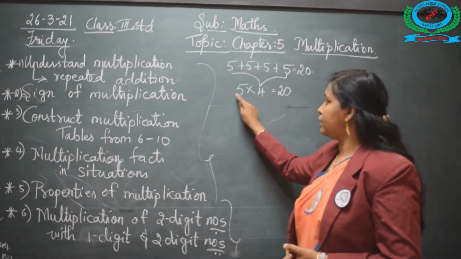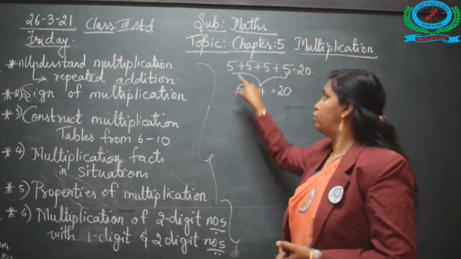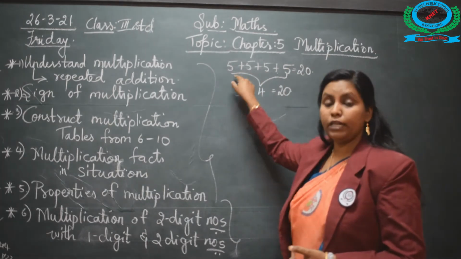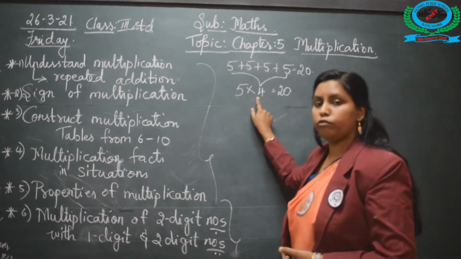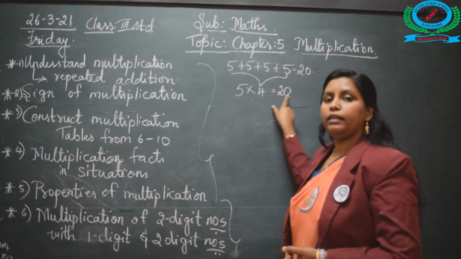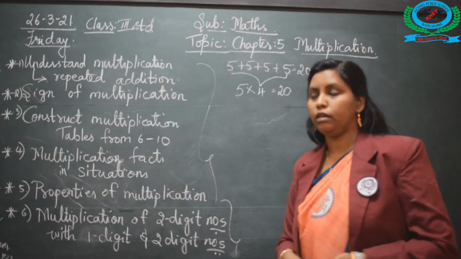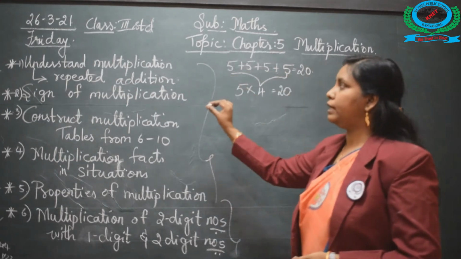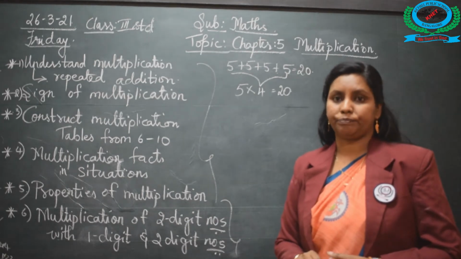Okay, so in the multiplication form, how many times have you taken 5 here? 1, 2, 3, 4. So the 4 times you will write it here and the answer you get is 20. Okay children, so this repeated addition is called multiplication.